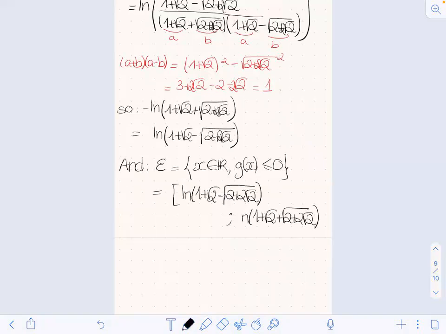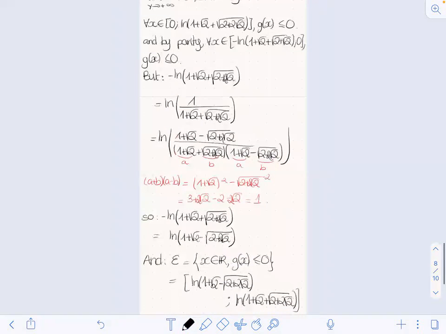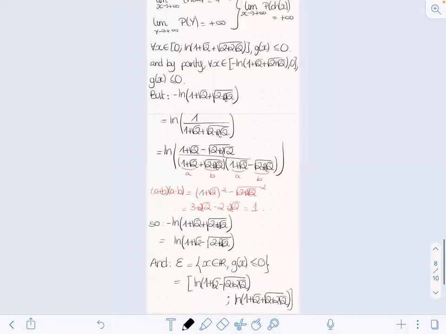That should be okay now. So it's a bit of a pain. A lot of the expressions are not very pleasant to deal with, but that's how you can find a set of values for which g is negative, despite the fact that g isn't a very nice function to start with.